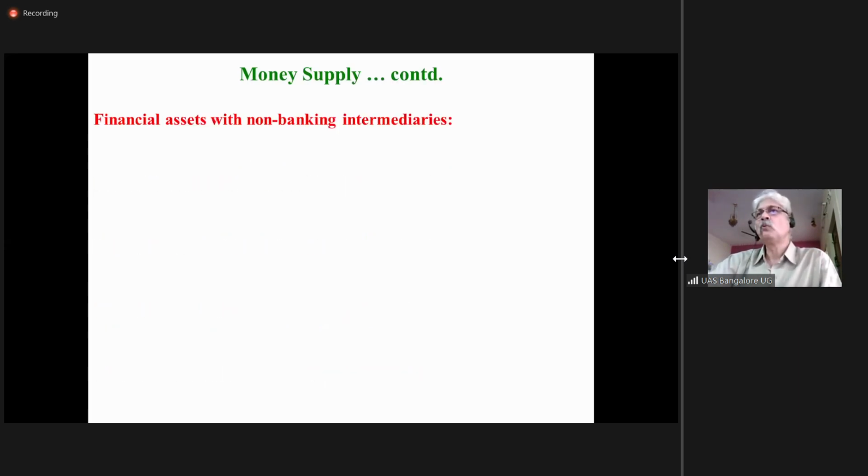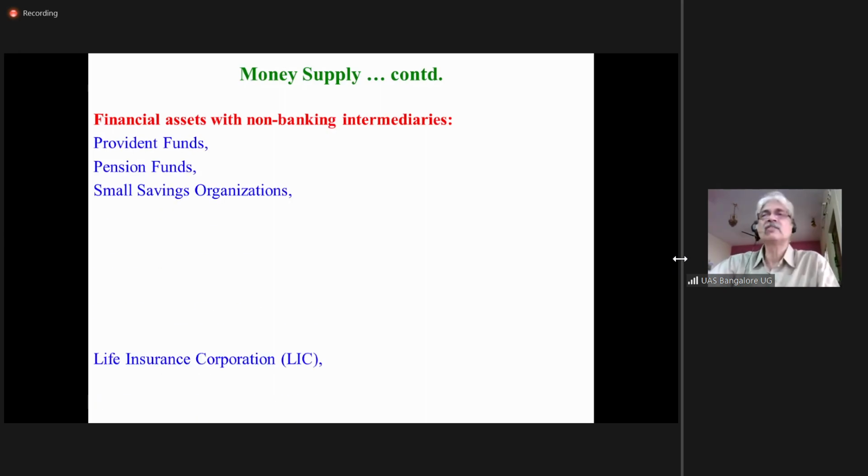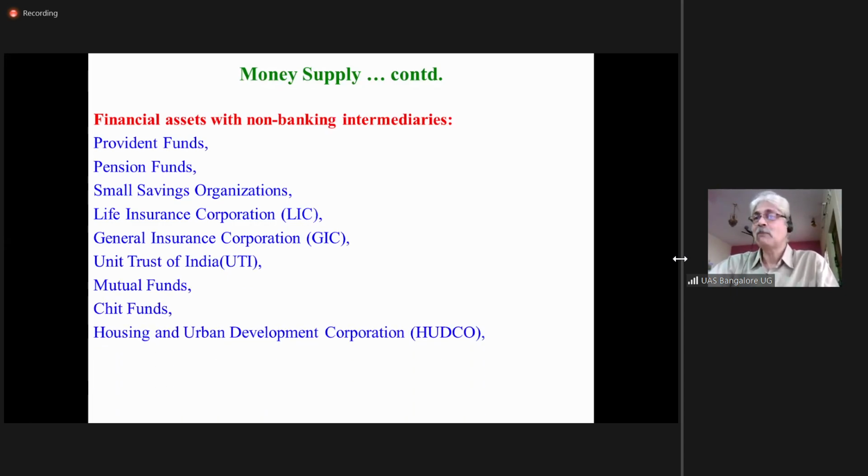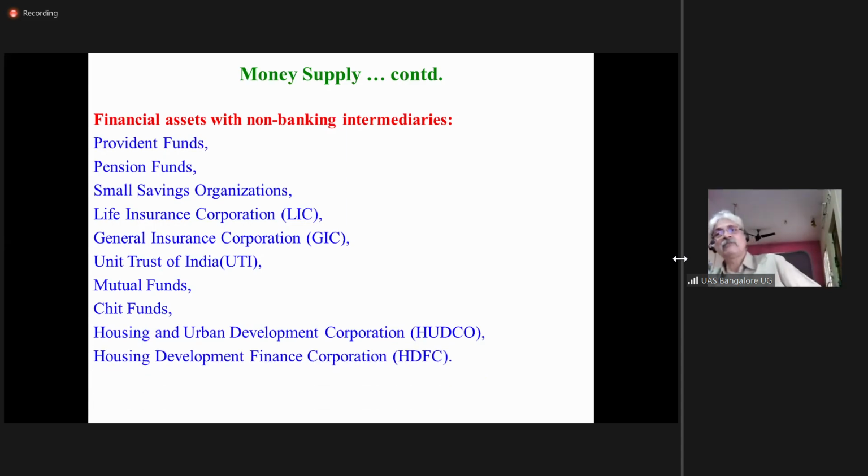Financial assets with non-banking intermediaries. Okay, there are some non-banking intermediaries like provident funds, pension funds, small savings organizations, life insurance corporation, general insurance corporation, unit trust of India, mutual funds, chit funds, housing and urban development corporation, HUDCO, then housing development finance corporation.